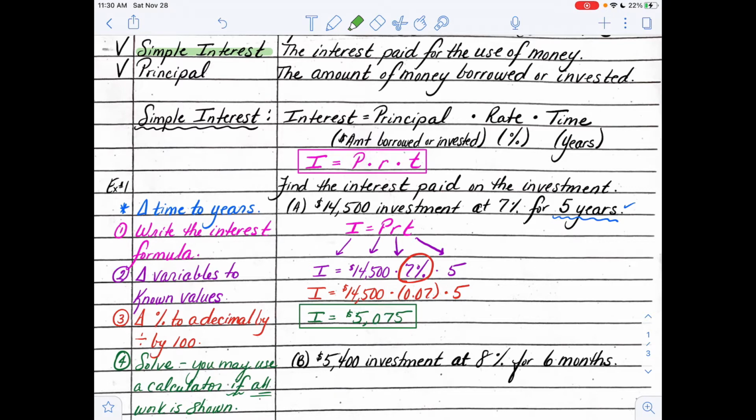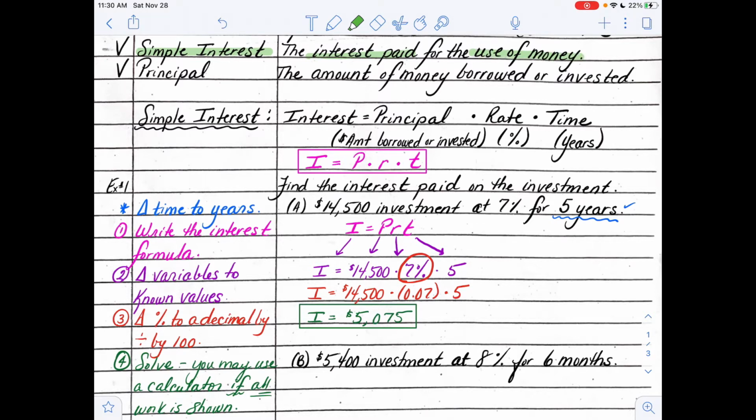There is something that most banks, or actually credit cards, things like that, will charge, called complex or compound interest. This is simple interest, and this is the interest that is paid for the use of money.